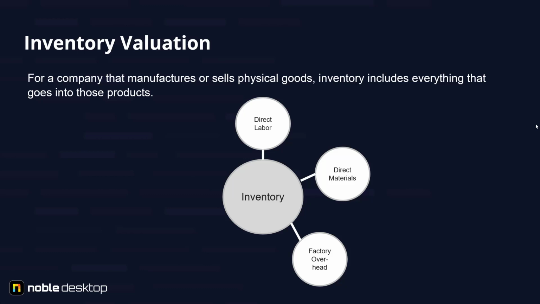Factory overhead covers all expenses incurred during the manufacturing process, other than direct labor and direct materials. Examples include the salaries of people who are involved in producing inventory but not actually making the products, such as production supervisors, quality assurance professionals, and materials managers.